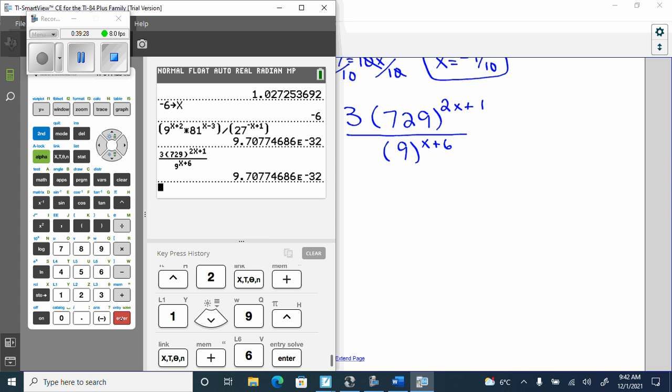And they match. Thank you for whoever joined in.